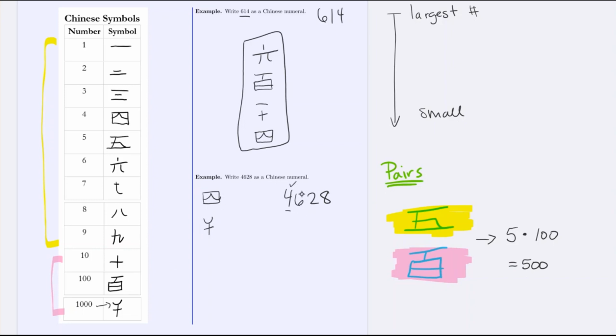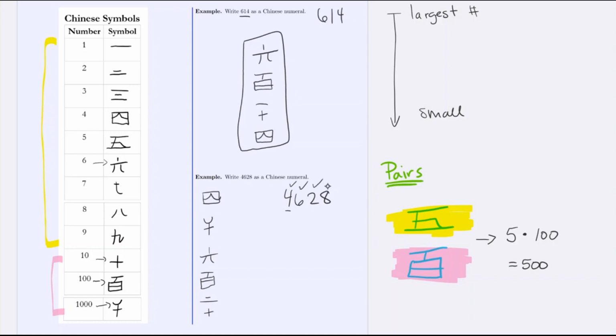Continuing on, I've got 600, so that means I've got 6 100s, so I'm going to write the symbol for 6 along with the symbol for 100. So I've got 600. 20, which is 2 10s, so I've got the symbol for 2 along with the symbol for 10.